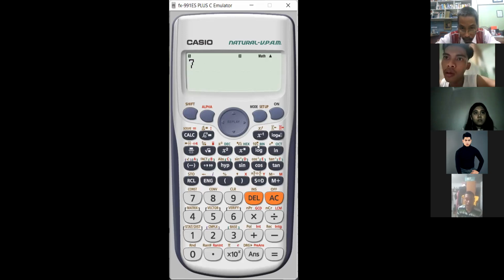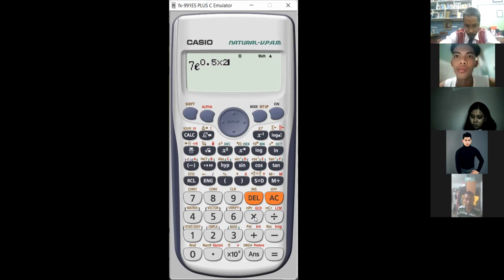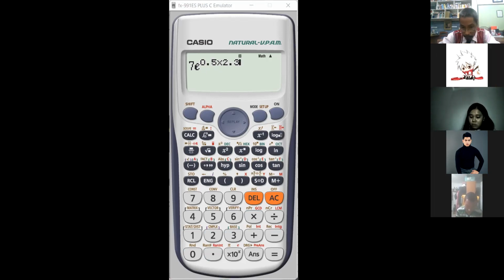If you press alpha, that is wrong. Press shift and then press e, and raise to the exponent 0.5 times 2.3. Is our exponent positive or negative? Positive 0.5.